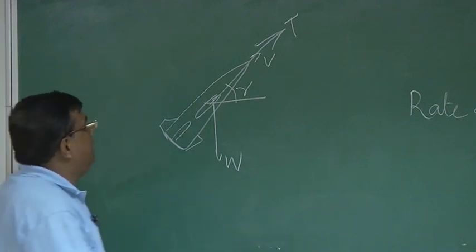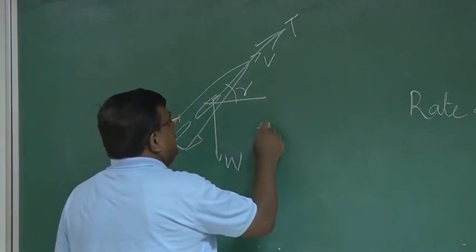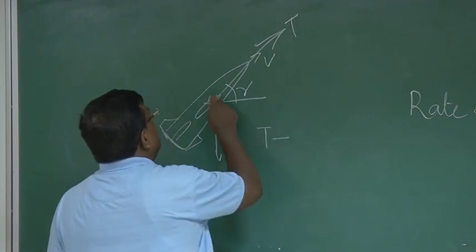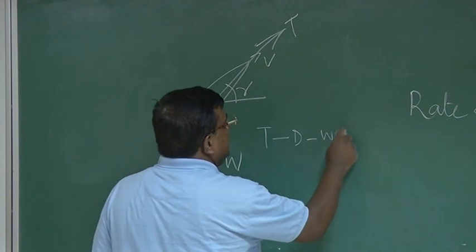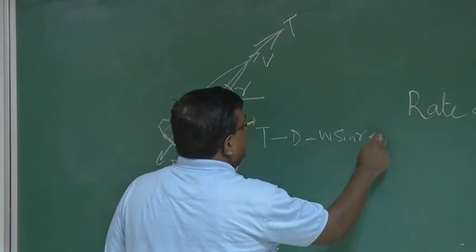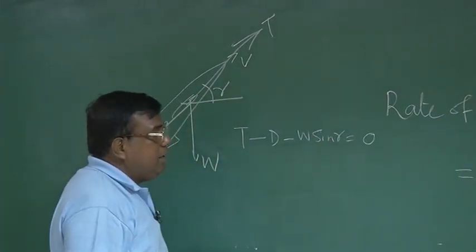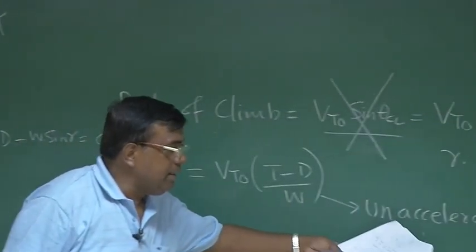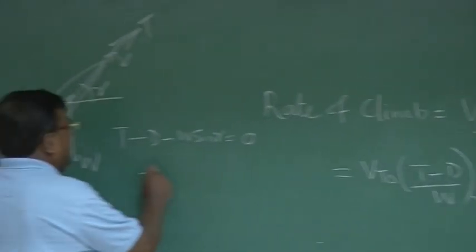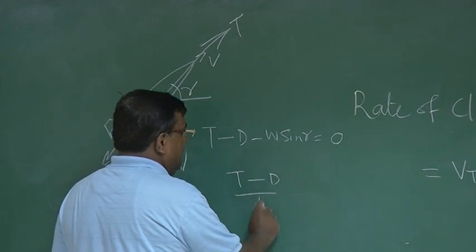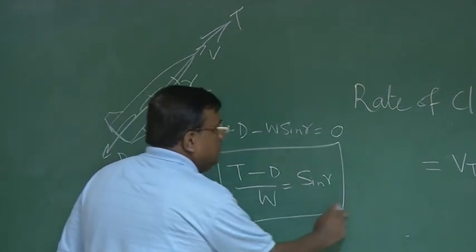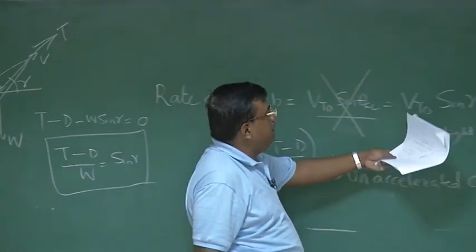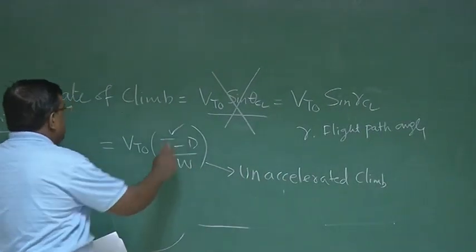So we can write T minus D minus W sine gamma is equal to 0 for an unaccelerated climb. So from here I write T minus D by W is equal to sine gamma.